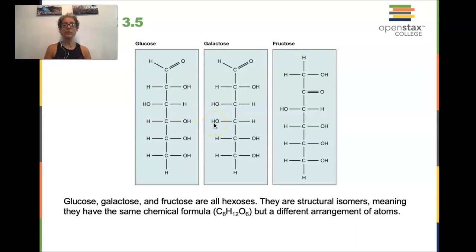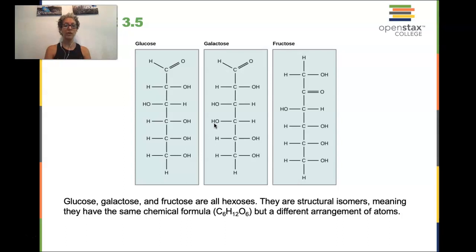And that one little difference makes these 2 different sugars. Remember, this isn't just a drawing. We can't just rotate around that 4th carbon. These are electrons being shared in those valence shells. And so we can't just spin that 4th carbon to reposition the hydrogen and the hydroxyl to be in the same position for both sugars.